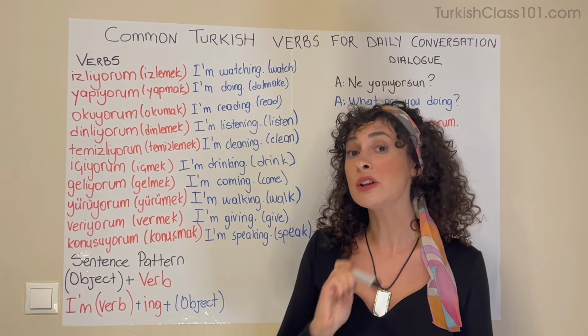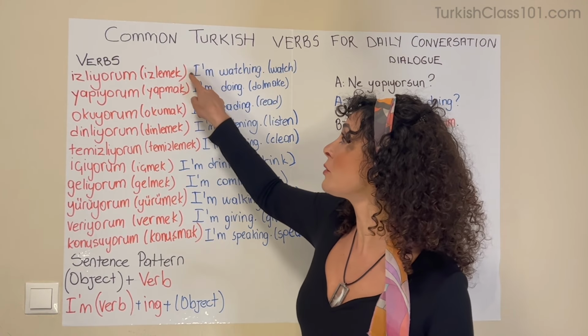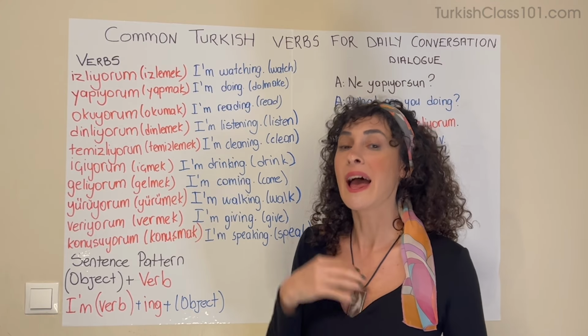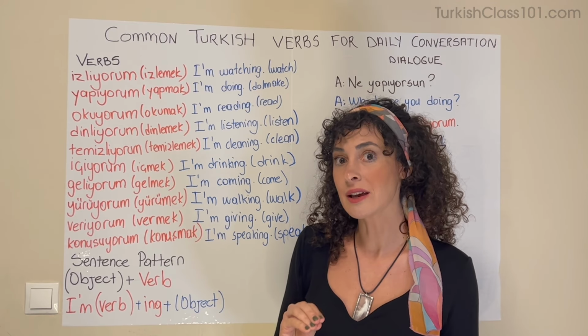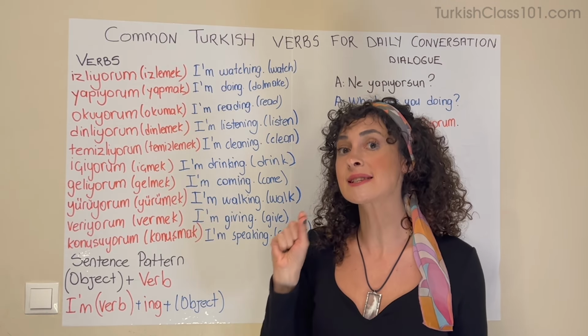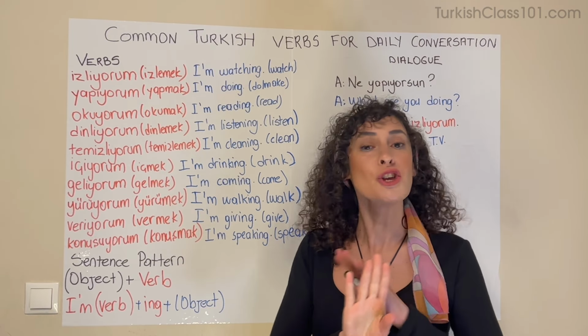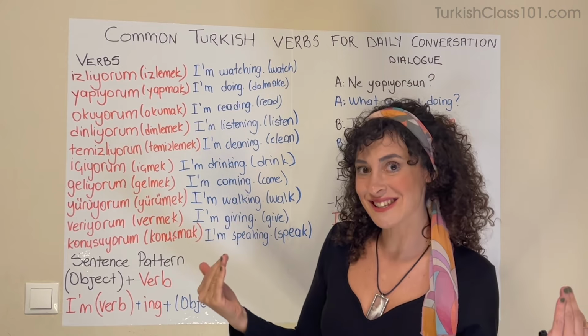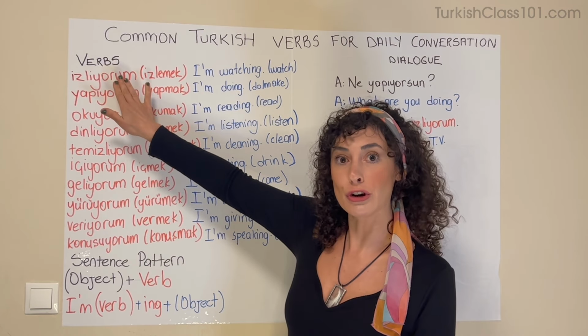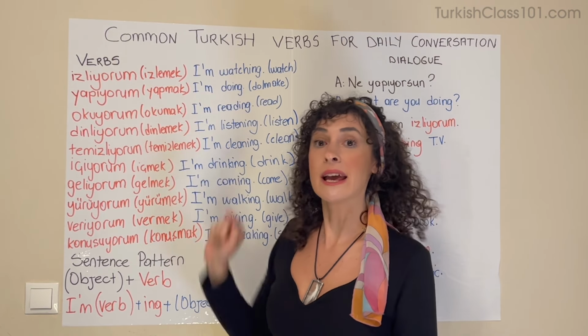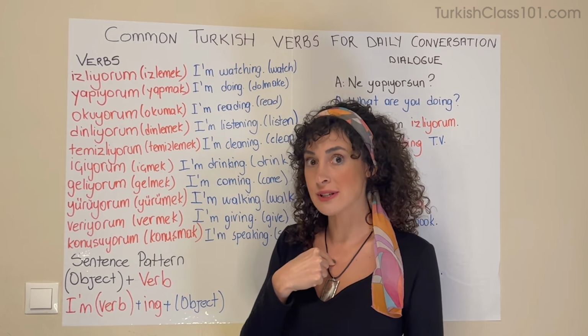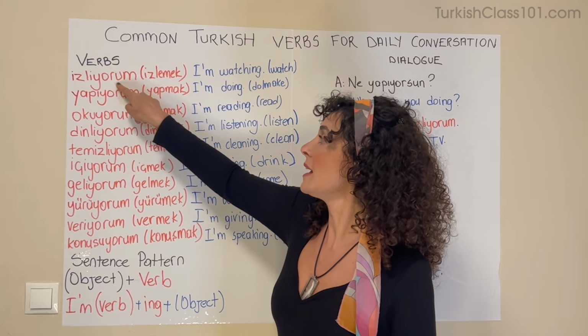That's why we don't have to say the pronoun I, ben, again. If you want to emphasize the sentence, you can say it, but otherwise you don't need to, so it's easier. You just say the verb conjugated in the first person, I, here.